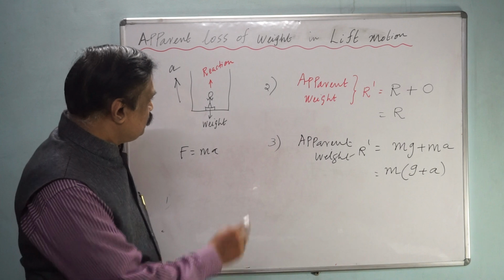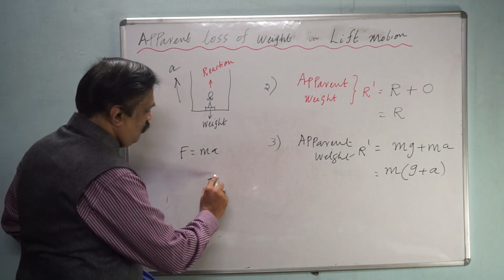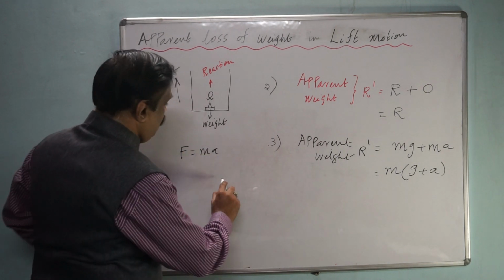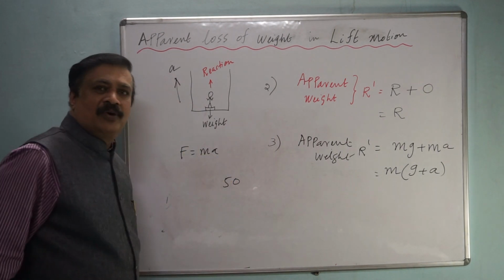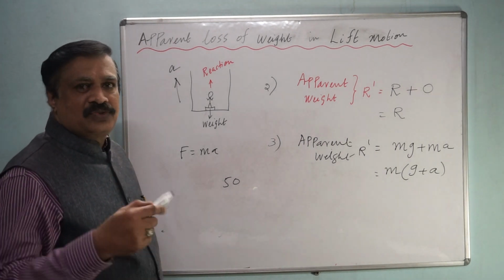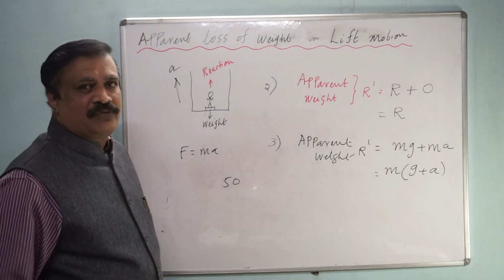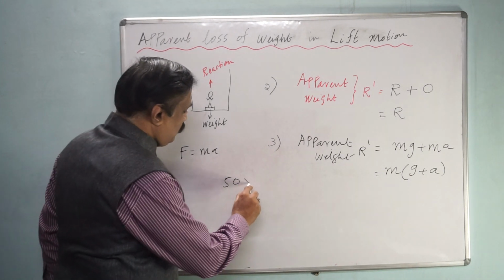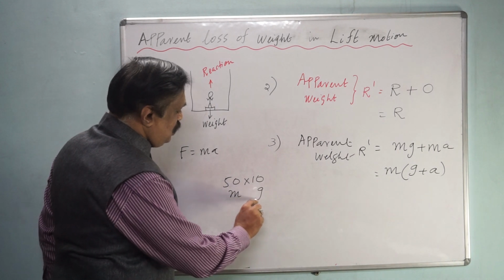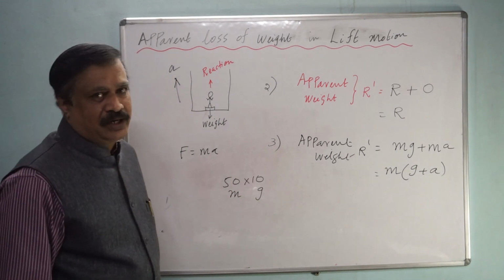For example, your mass is 50 kg, and you can take g as 10 instead of 9.8. Now this is the mass and this is the g. Instead of 9.8, I have taken 10.